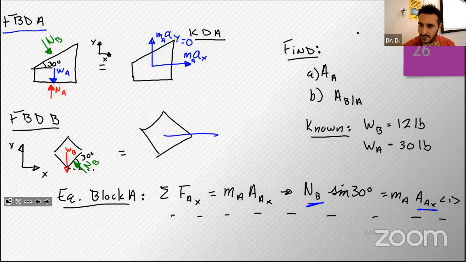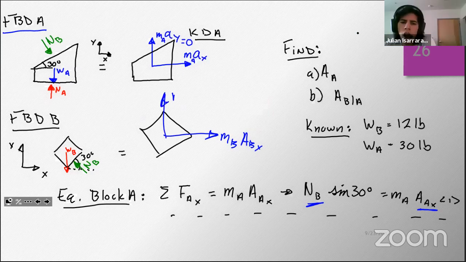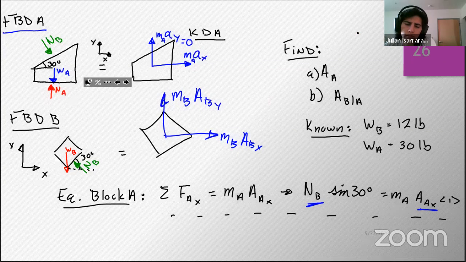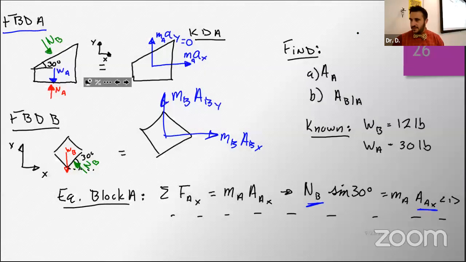So I've got A_B,X and A_B,Y. Now my equation for block A doesn't change, right? Everybody's cool with that? But I still need this normal force in order to find A sub A, right? Okay, cool. So let's write some equations for B.